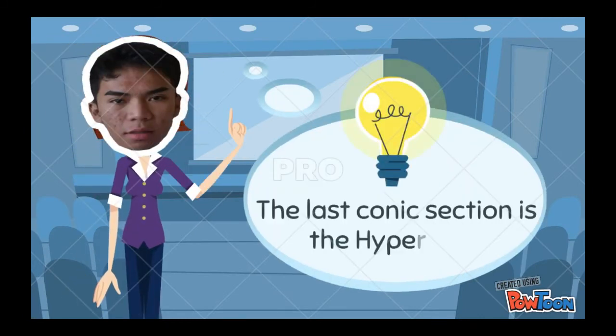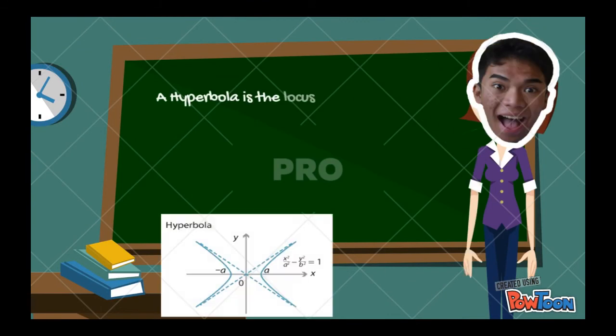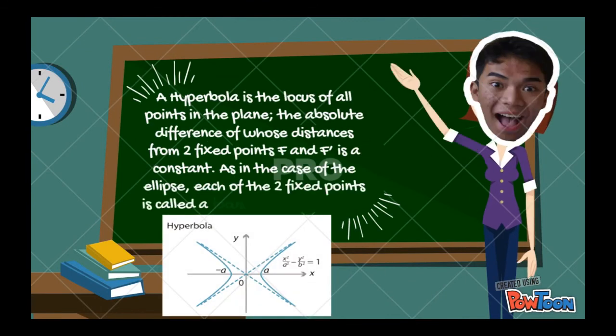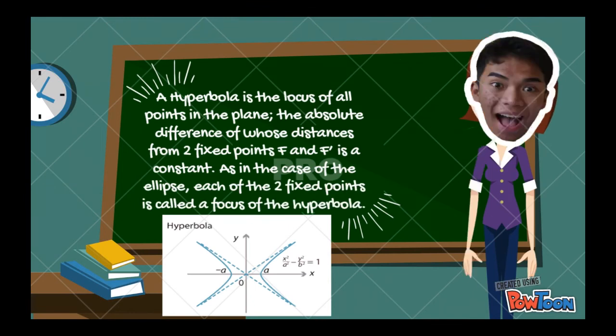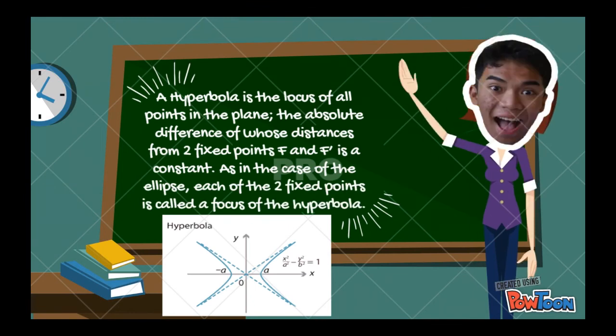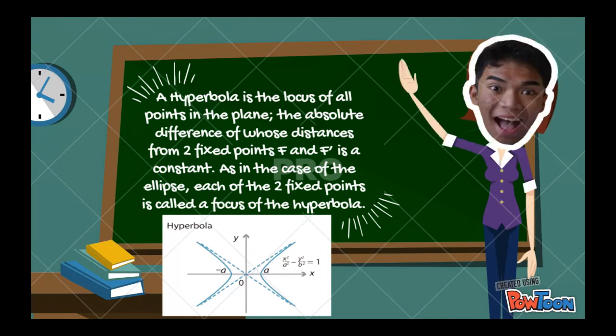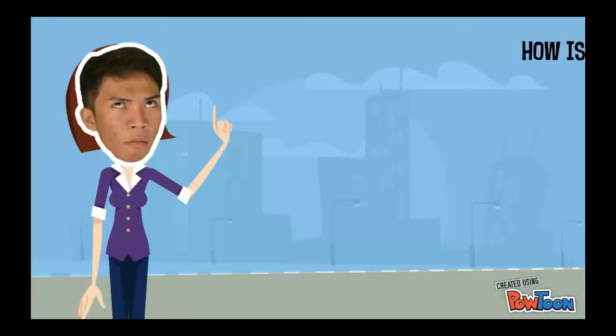The last conic section is the hyperbola. A hyperbola is the locus of all points in the plane the absolute difference of whose distances from two fixed points, F and F sub 1, is a constant. As in the case of the ellipse, each of the two fixed points is called a focus.